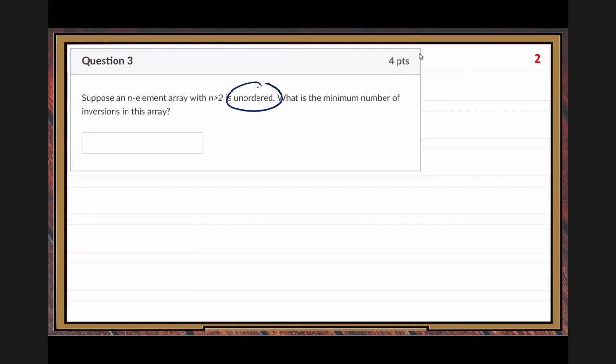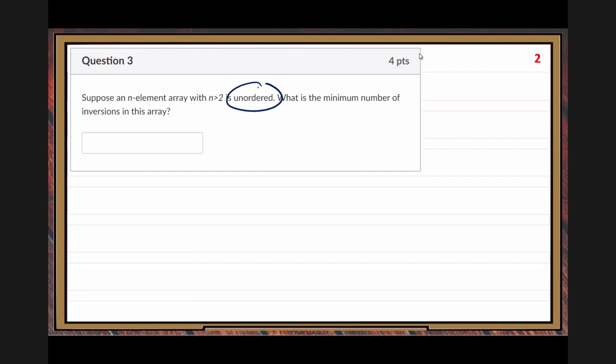So the minimum number is 1. Non-zero, the minimum number is 1. After that, you need to make sure 1 is possible. Can you make a simple example that 1 is possible?